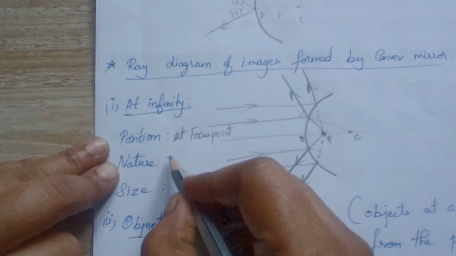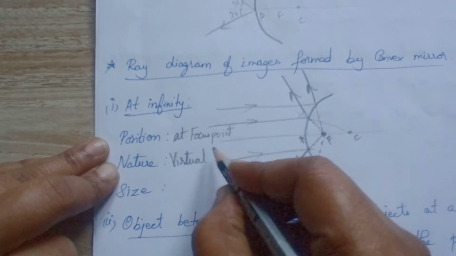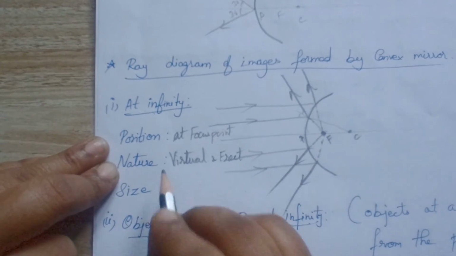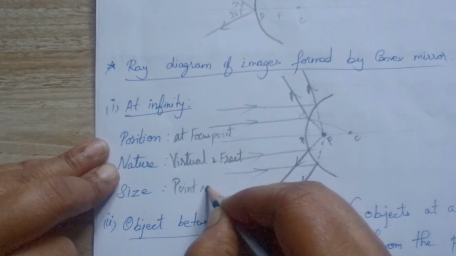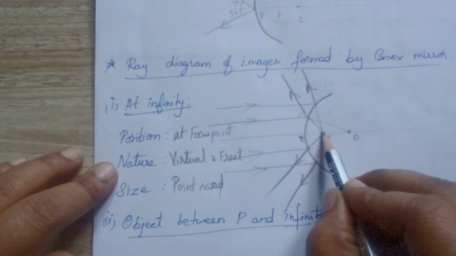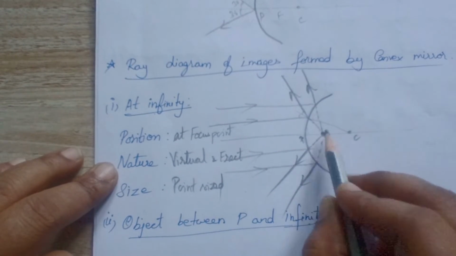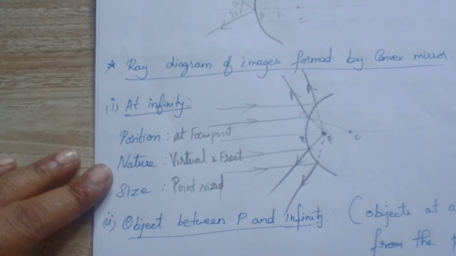It is virtual, it is not real. Virtual and erect. It is point sized. So it is a virtual and erect image. It is point sized and its position is at the focus point. And the object is at infinity.